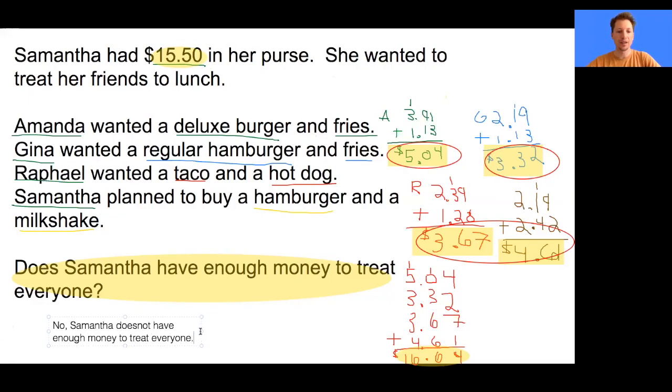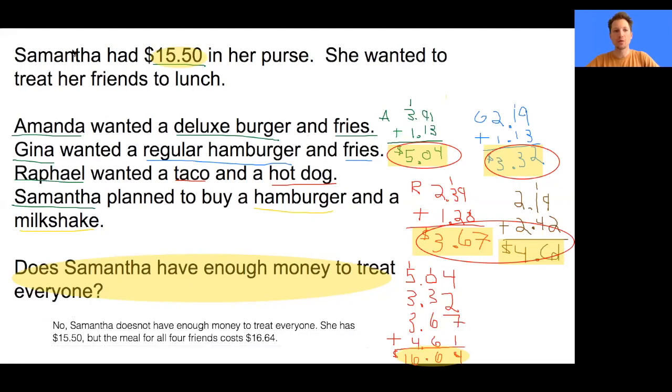You could go a little bit further and say something like, she has $15.50, but the meal for all 4 friends costs $16.64. And that, boys and girls, is your complete answer for all of this.